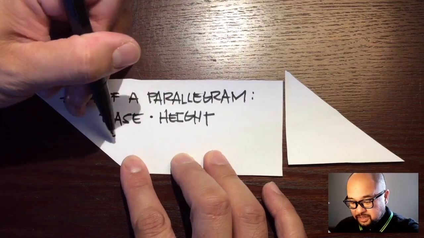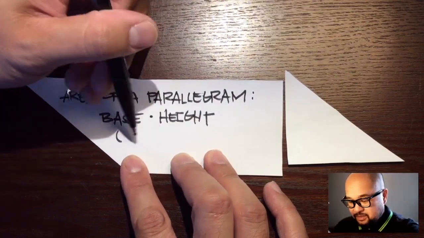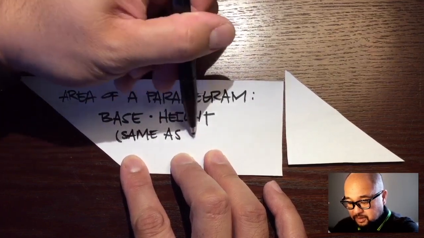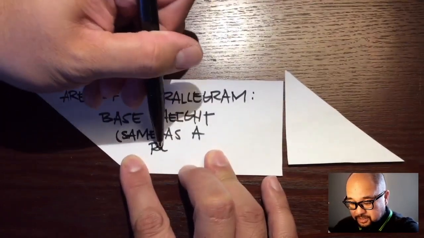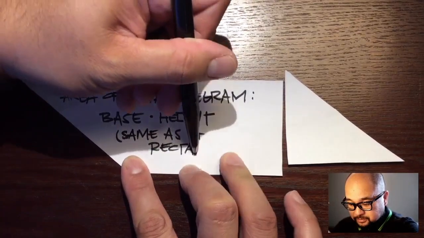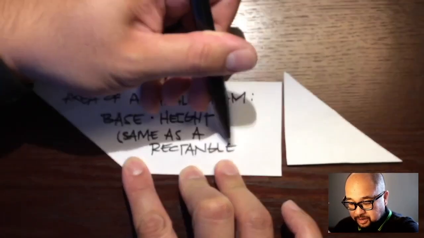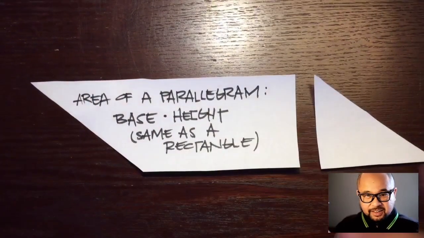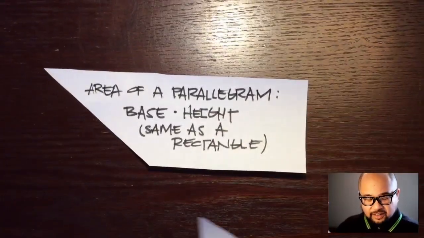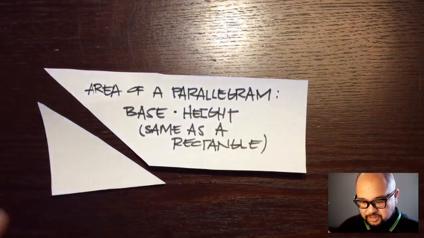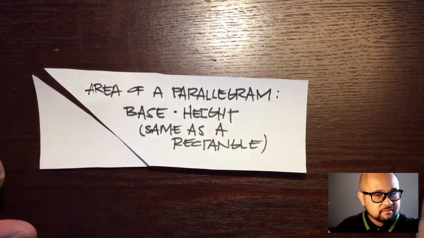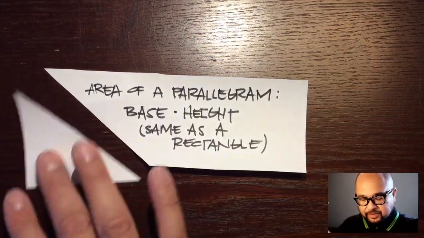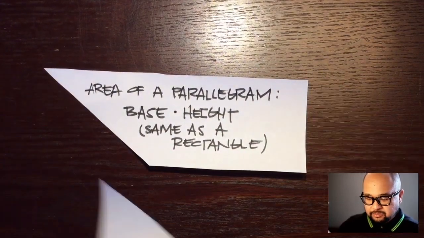Why? Because it's the same as a rectangle. Because a parallelogram deep down inside, when it's not as crazy as the Incredible Hulk, calms down a little, eats a croissant, is just really a rectangle. Okay, so it's the same area. Deep down, parallelogram, rectangle.